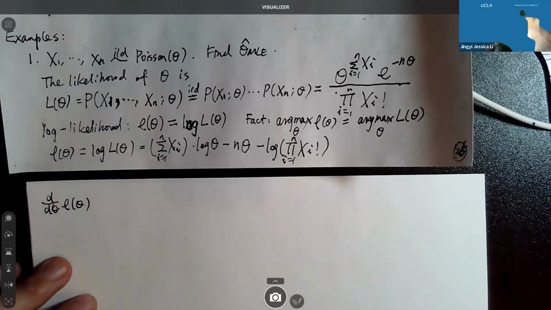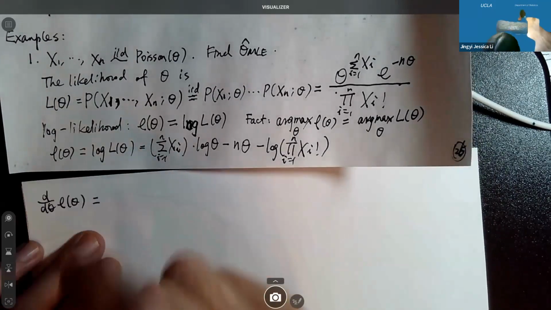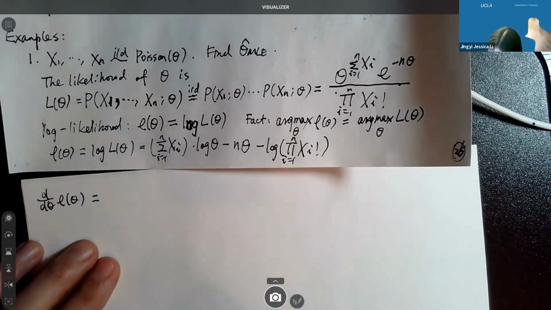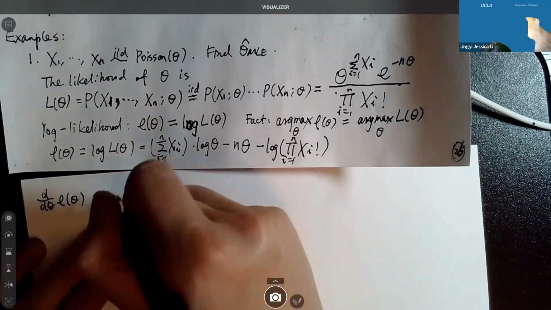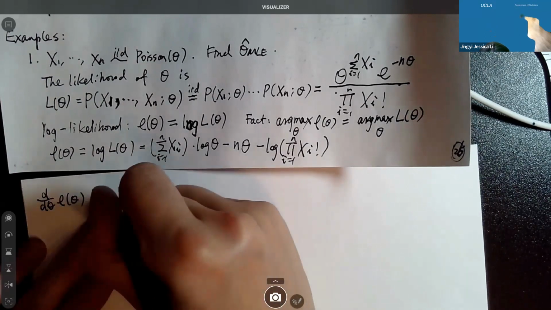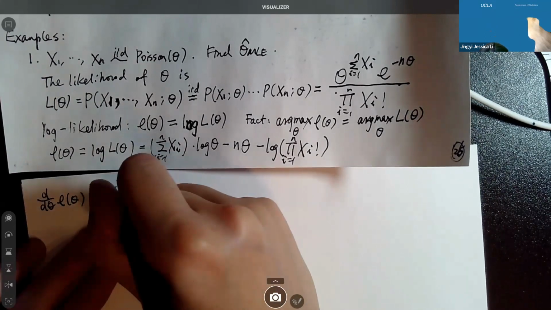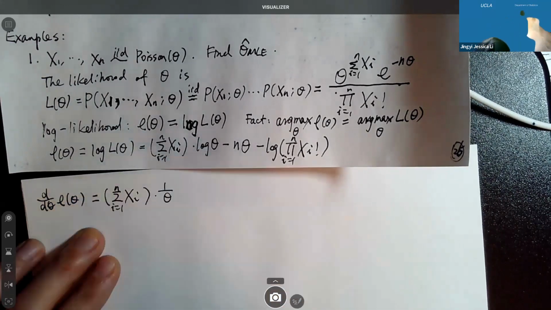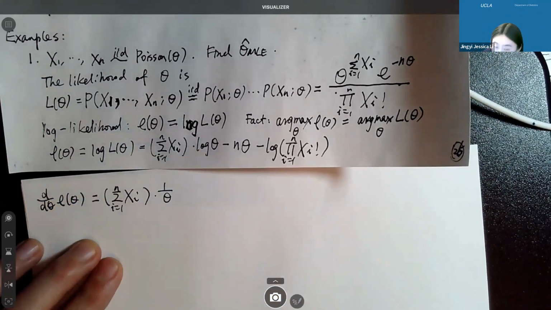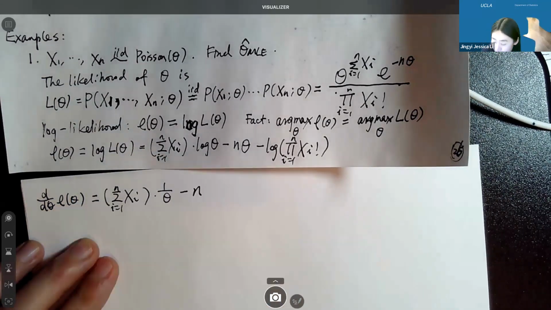The summation of xi is just a multiplier, so it stays. Differentiation of log theta becomes 1 over theta, so this is what we get. The second term's differentiation becomes n. And the third term is gone because it doesn't involve theta.